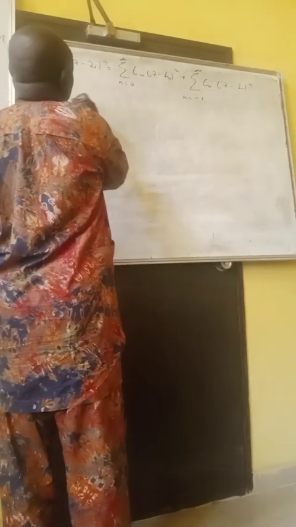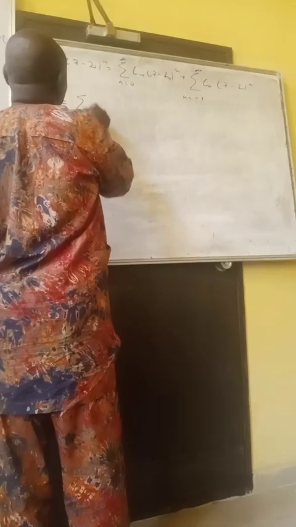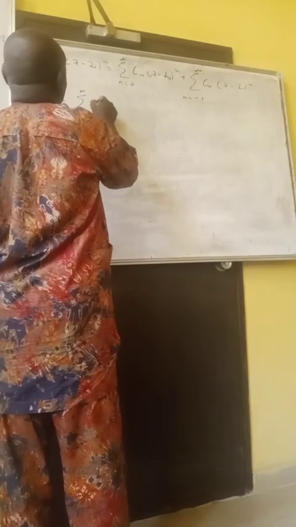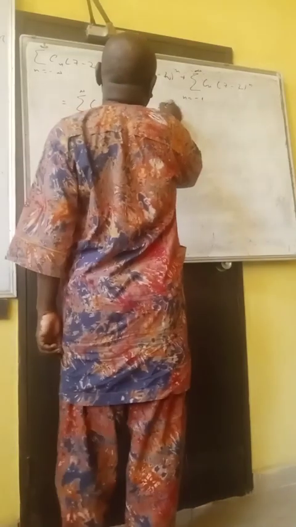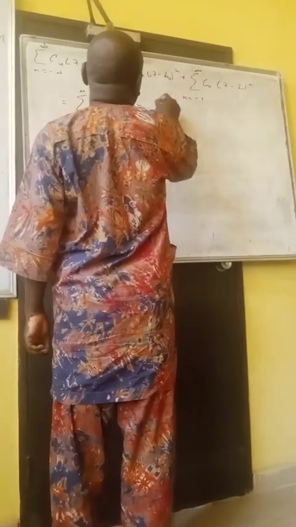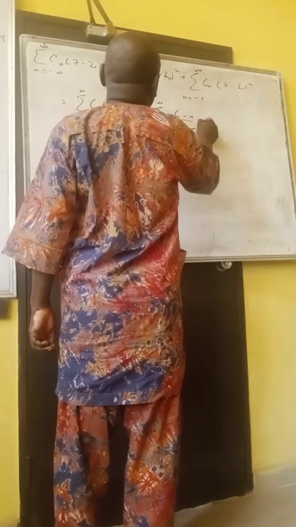And of course, this one you can still write as summation n from 0 to infinity Cn (z minus z naught) raised to power n plus summation n from 1 to infinity C minus n into (z minus z naught) raised to power minus n.